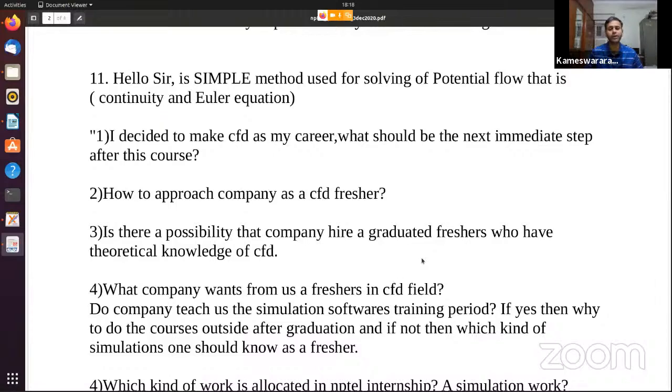Yes, it is very much possible. Companies will actually look for some theoretical knowledge of CFD, because you can always learn the software part of it while you are on the job. So the theoretical knowledge is what makes you different and sets you aside, such that you're selling your USP, your unique selling point.